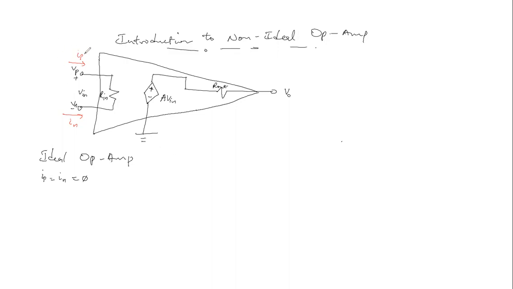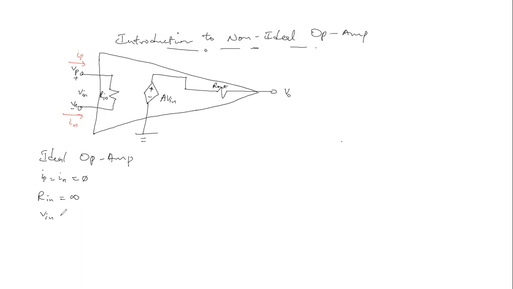Okay, meaning this current flowing through the non-inverting and the inverting terminals is 0, such that the input resistance is seen to be infinite, because if the input resistance is sufficiently large, meaning it's an open circuit, then no current will flow.